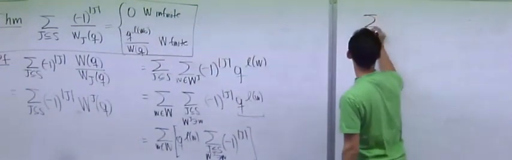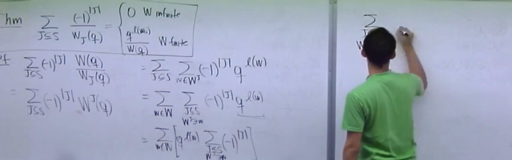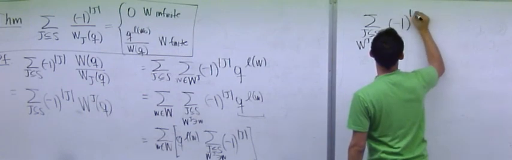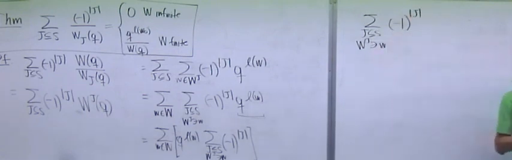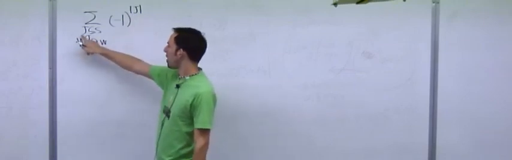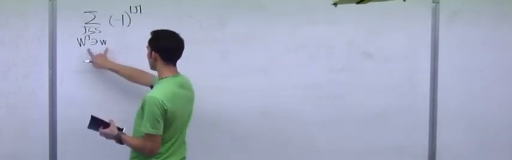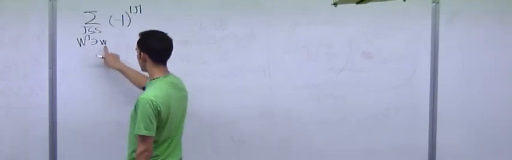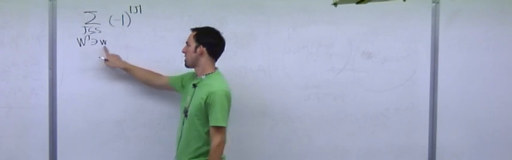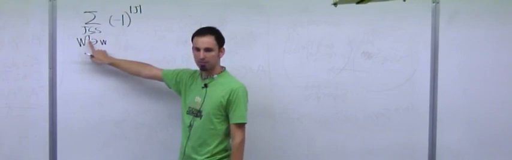And what I would like to do is compute this summation right here. So for each fixed W, what I have to do is compute minus 1 to the size of J over all the J such that the parabolic quotient contains W. Now let's remind ourselves what this means. What this means is basically W is in W super J if there are no reduced expressions for W that end in a letter in J. Okay?